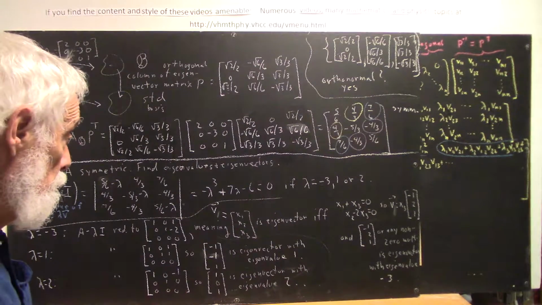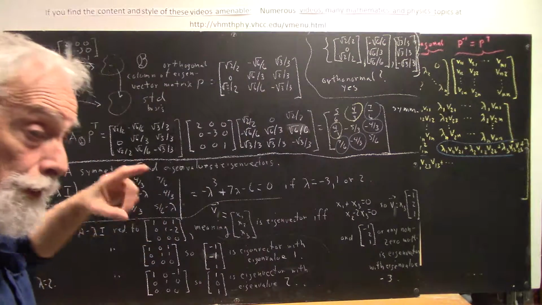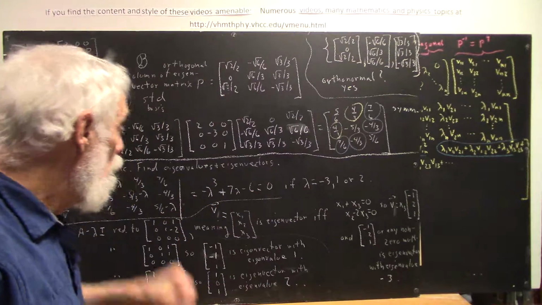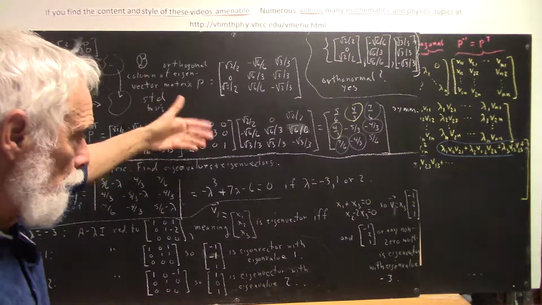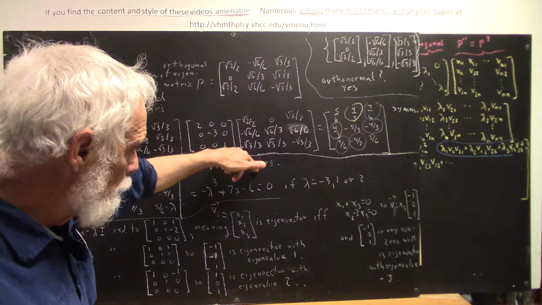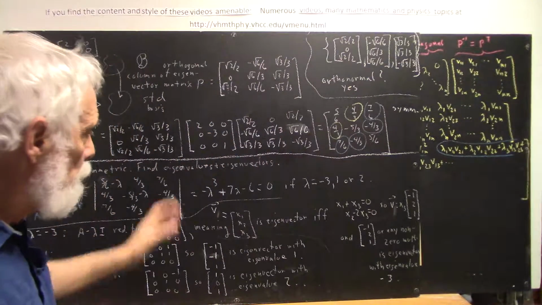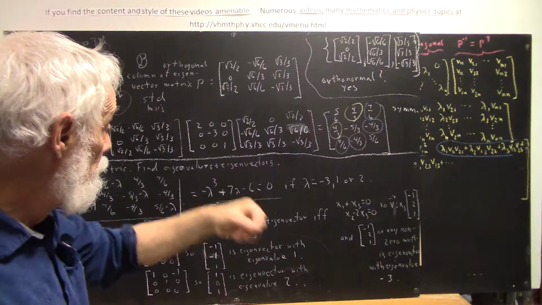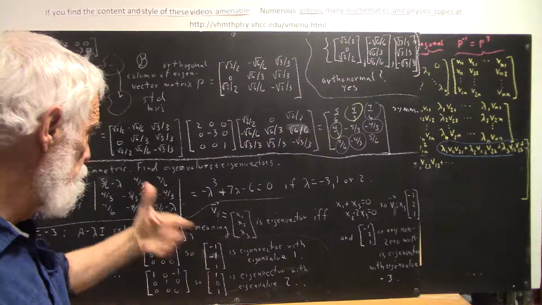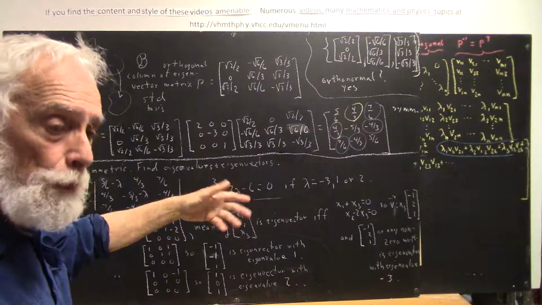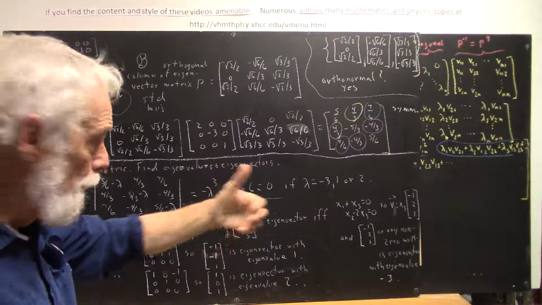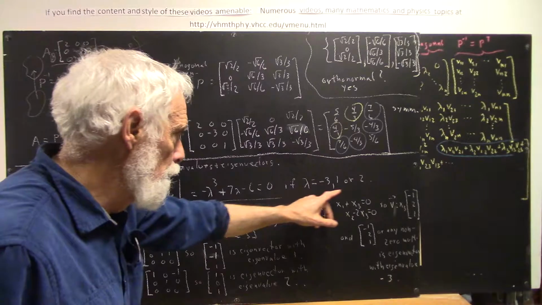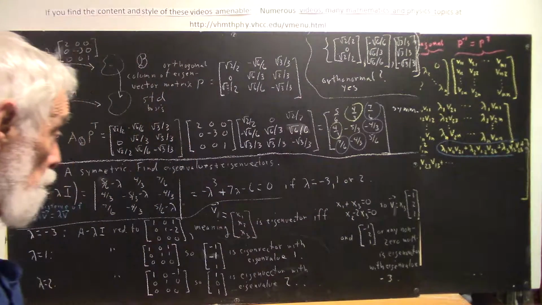I gave you the hint in the problem that lambda equals 1 is one of your eigenvalues, one of the solutions to this equation. If you then do a long division or synthetic division, divide this polynomial by lambda minus 1, you'll end up with the quadratic polynomial lambda squared plus lambda minus 6, which factors into lambda plus 3 times lambda minus 2, giving you solutions negative 3 and 2, as well as the solution 1 that we already had.